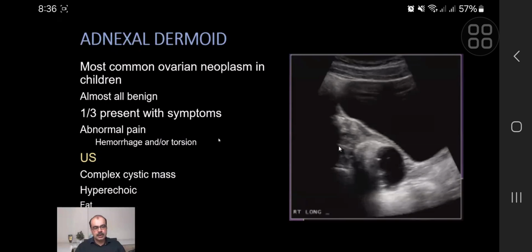Most patients, when they first present, do so because of either torsion of the ovary due to the adnexal dermoid, and or intratumoral hemorrhage. You can see the typical findings, a complex cystic mass showing a hyperechoic area representing fat, and calcifications in the form of punctate areas.